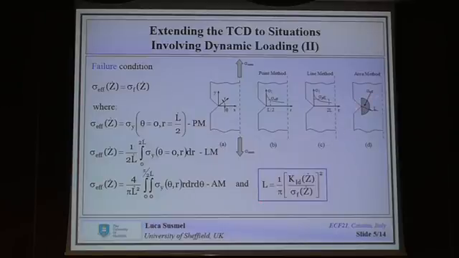I'm a big fan of the point method. I don't really like the line method, but I really like the area method. In particular, I like the point method when I have to do my calculations, because it's very easy. I move a little bit away from the notch, I pick up the stress and I manipulate the stress, and you can do whatever you want.